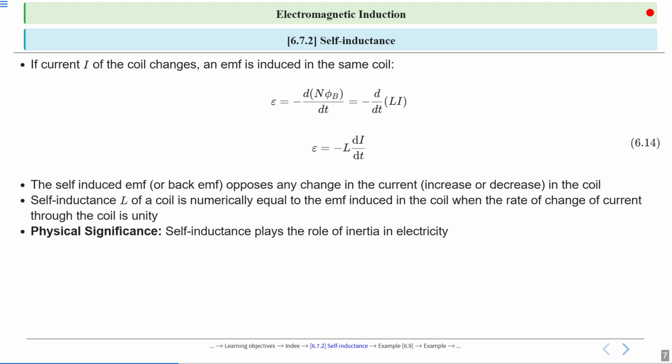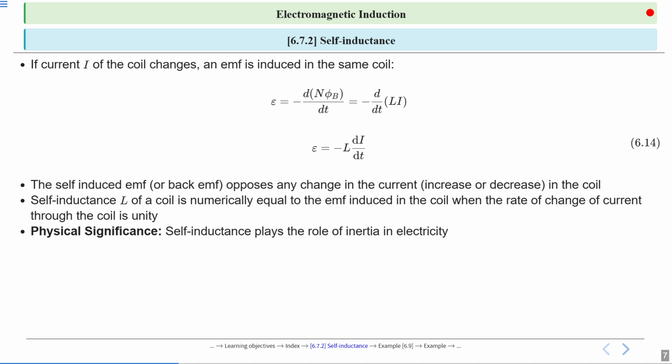Why is it called inertia of electricity? Because it opposes any change of current through the coil. And in mechanics, what was inertia? It was opposing any change in the state of rest or uniform motion. So it was also opposing something in mechanics.